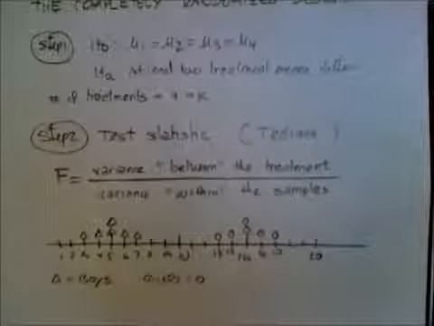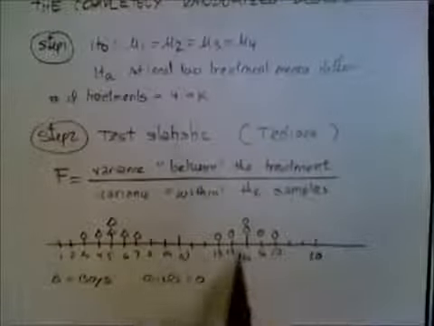Well, based on these observations, I would say yes, because the difference between the means, or in other words, the variance between the means, is very large compared to the differences or the variance within the samples, the differences between this one and that one, this one and that one, and so on and so forth.